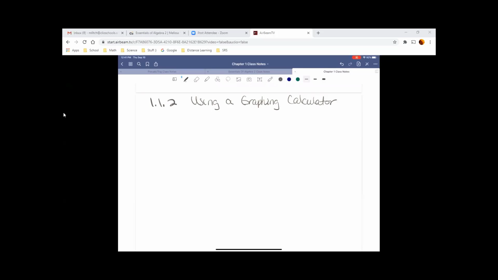One nice thing, if you're using the CPM book online, when they have Desmos activities, it's built right into it, and you just click on it and it takes you right to Desmos. If you're working at home on your assignment and need a graphing calculator, go to my website's homepage, and under resources there's a tab for the Desmos calculator.